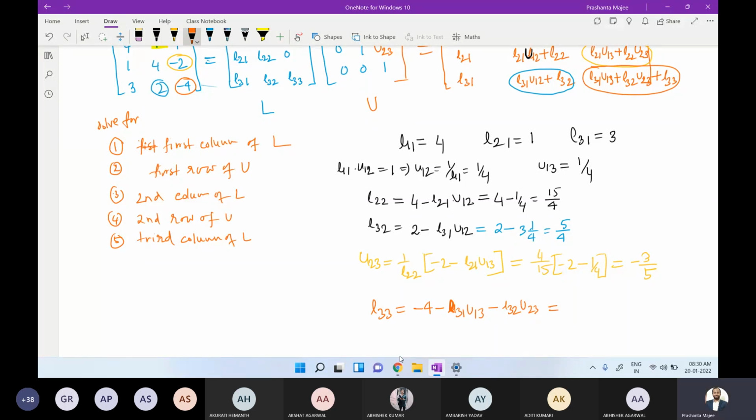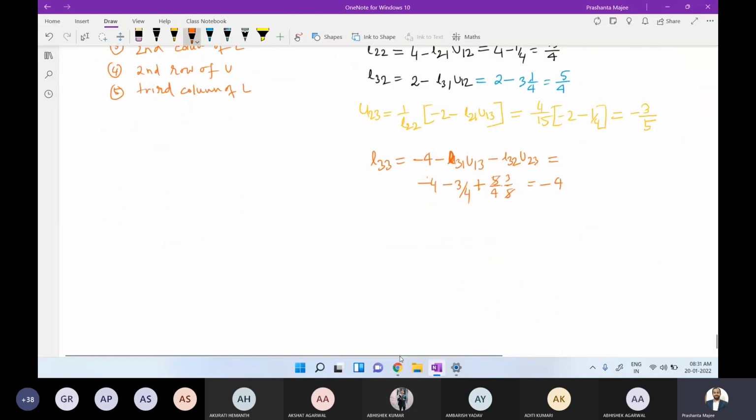L31 is 3, U13 is 1 by 4, so 3 by 4. L32 is 5 by 4 into U23, which is minus 3 by 5, so it becomes plus. 5 is cancelled, and this 3 by 4 cancels with minus 3 by 4. So it is minus 4.